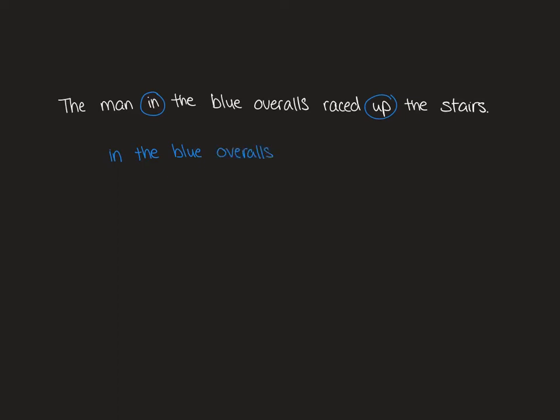And we'll have up the stairs be our second prepositional phrase. Now, to label these different parts, in would be our preposition. Overalls is our noun because that tells us what they're in. They're in the overalls. And then the blue would be our modifier.